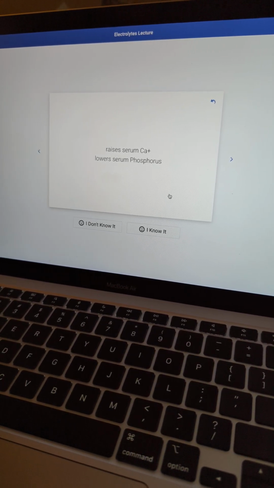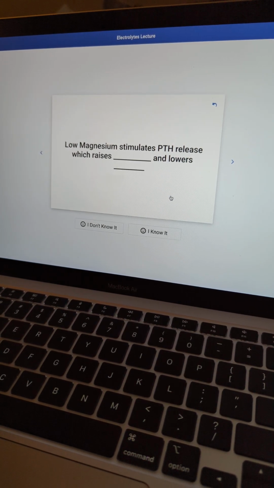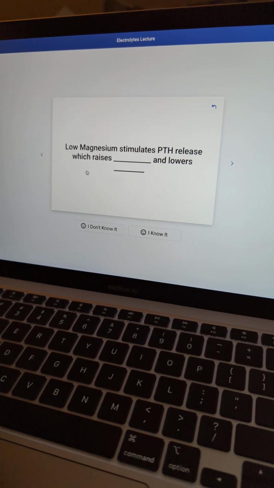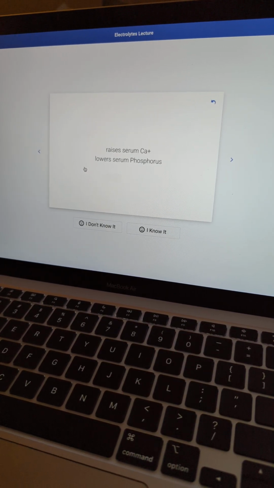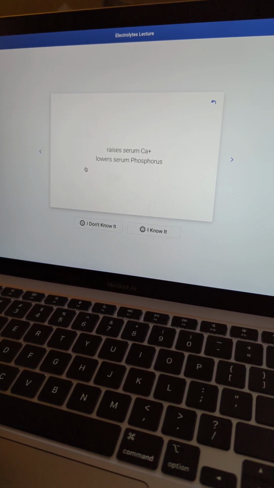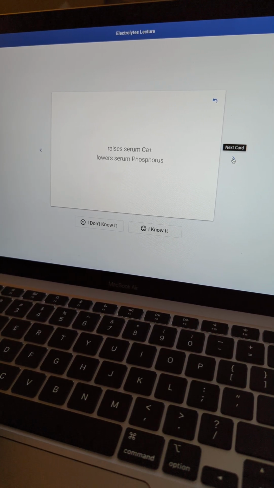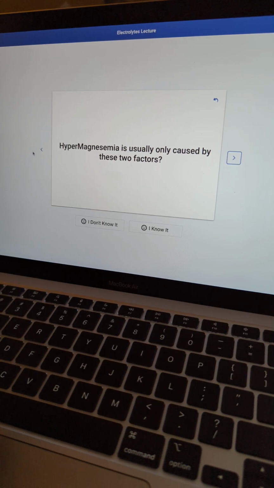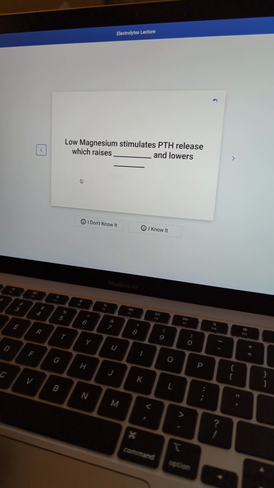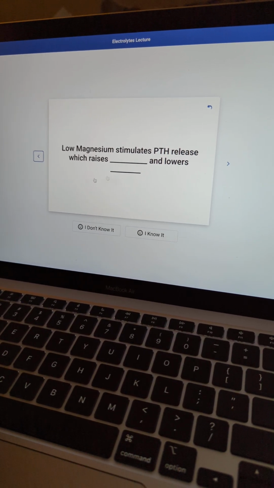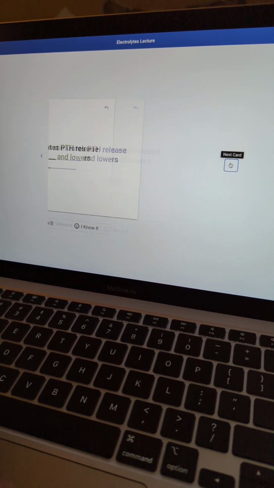And so this one card is very important to understand those relationships between cal and mag and calcium and phosphorus. Oh yeah, and I call PTH the phosphorus trashing hormone. Just for now.